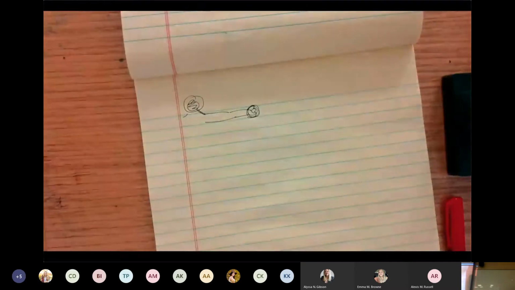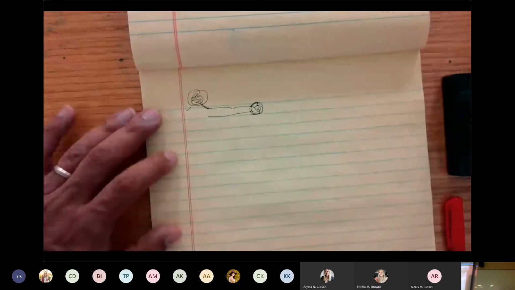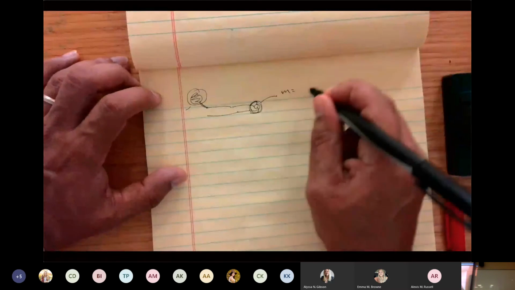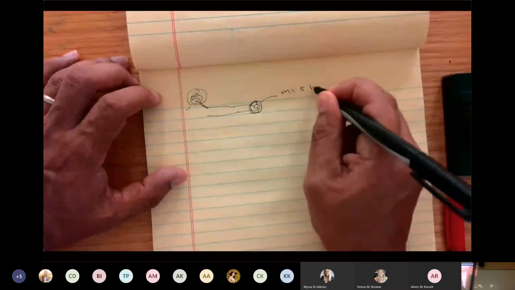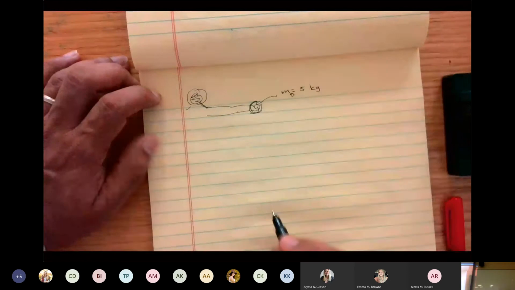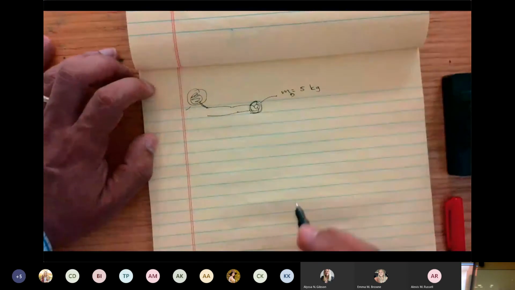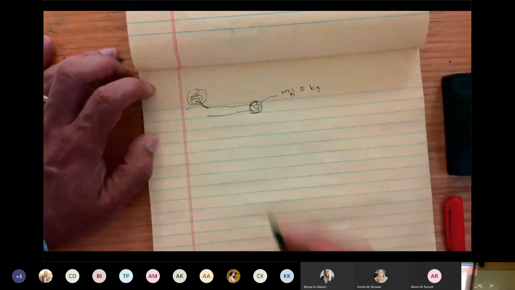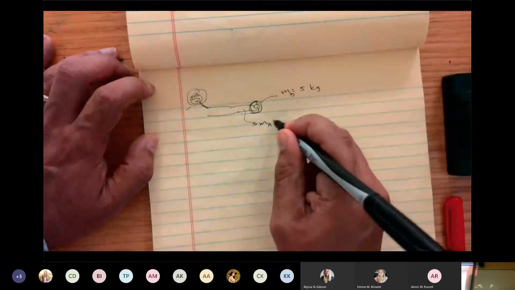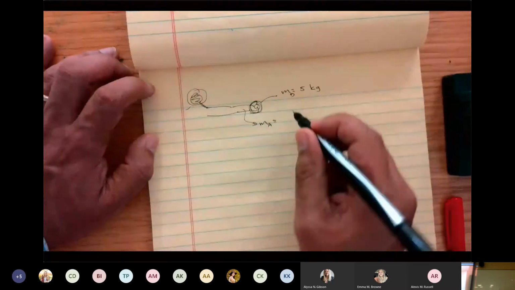You get the idea. The dumbbell is going to have a mass of 5 kilograms. I'm going to call it M sub D. Your arm, M sub A, is going to have a mass of 4 kilograms.